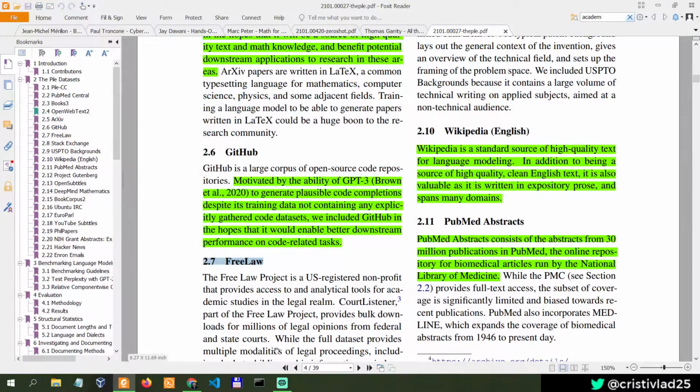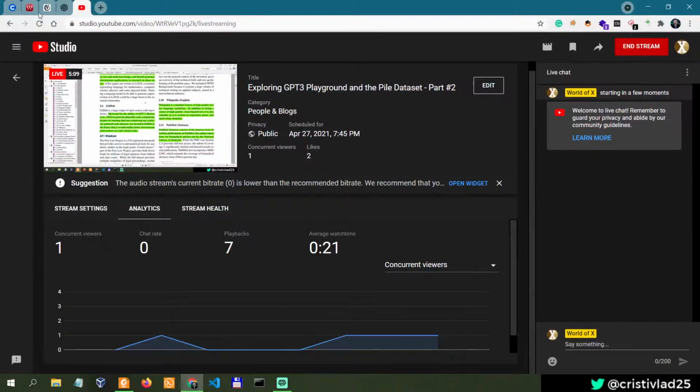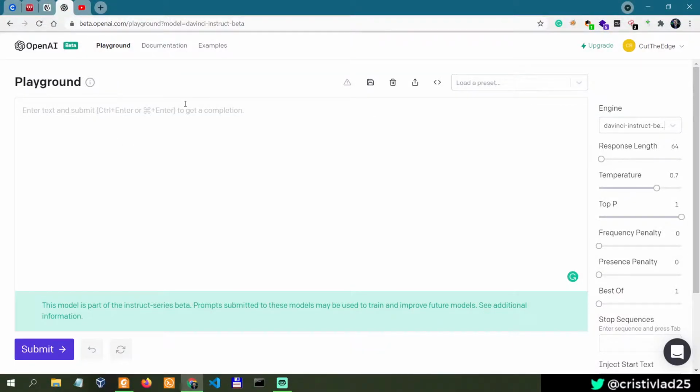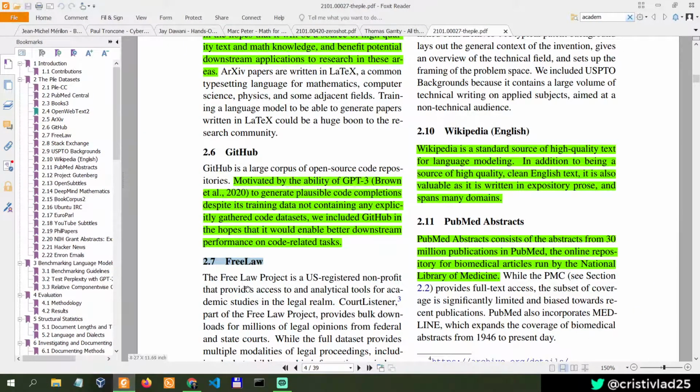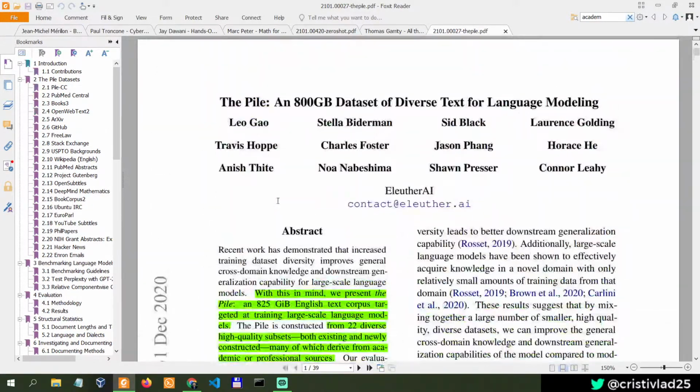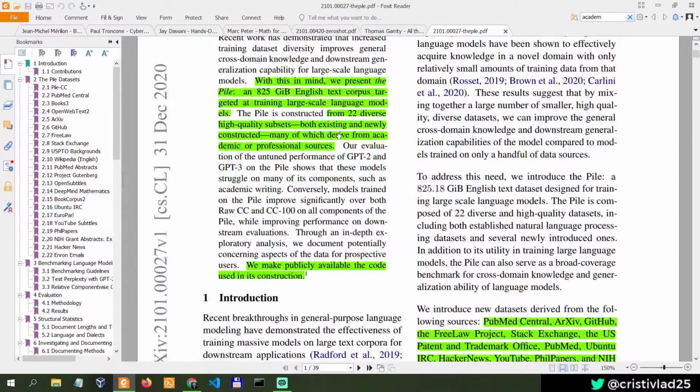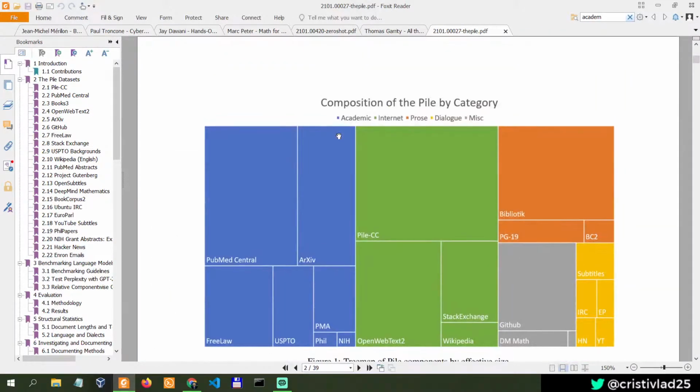Once I finish with the Pile paper, which is quite abstract and easy to understand, we'll probably do some small experiments here in the playground of GPT-3. When we talk about the Pile paper, we talk about a product from EleutherAI, and I've discussed this in the previous live stream.